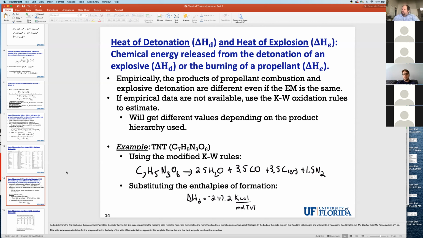So you bring the products back down to their initial temperature to subtract out the change of sensible enthalpy. We're basically trying to separate out the effect of chemical energy from just the normal heating of the gas.